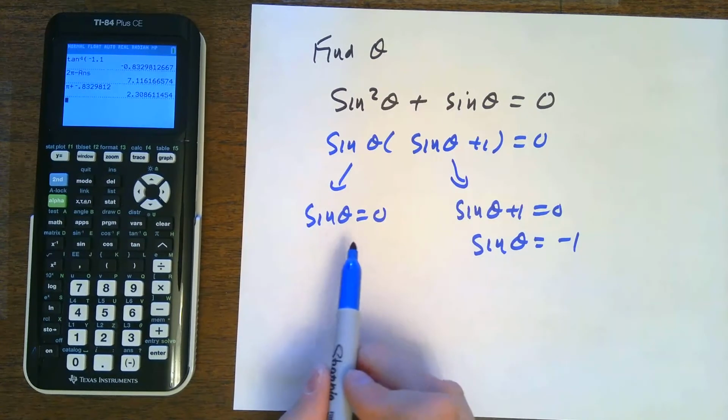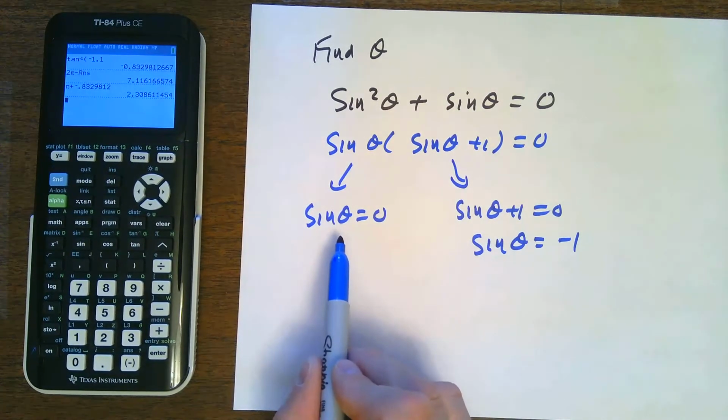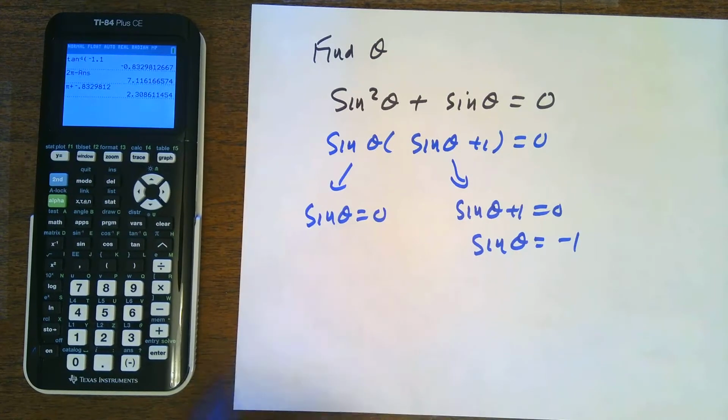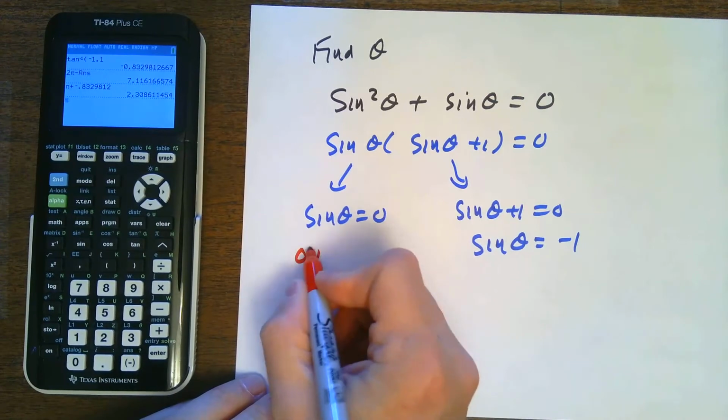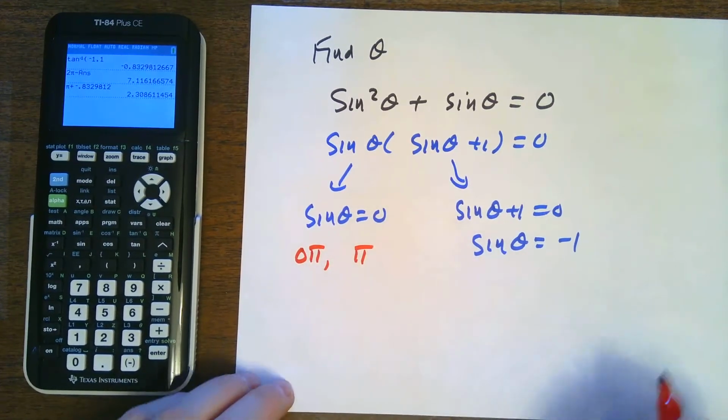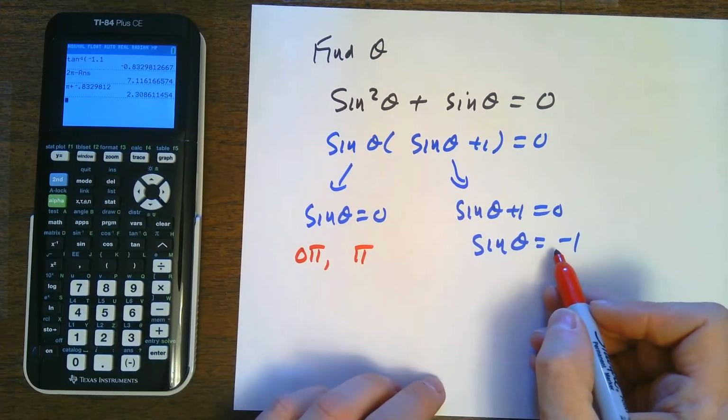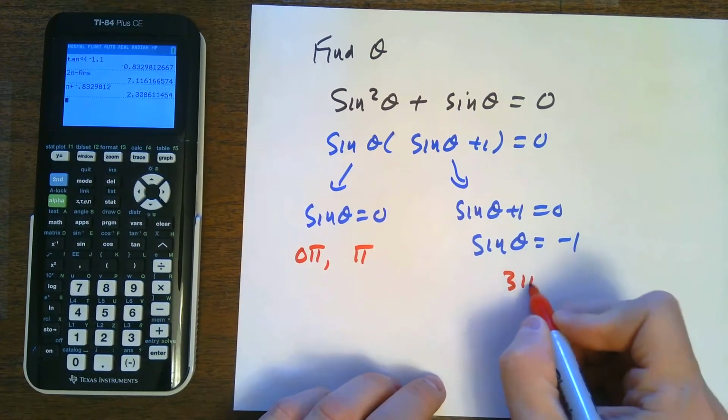Think back to the unit circle: where is the sine, the y value, equal to 0? The y value is equal to 0 at 0 and at pi. Where is the sine equal to negative 1? At 3 pi over 2.